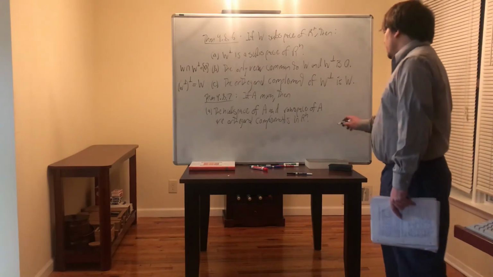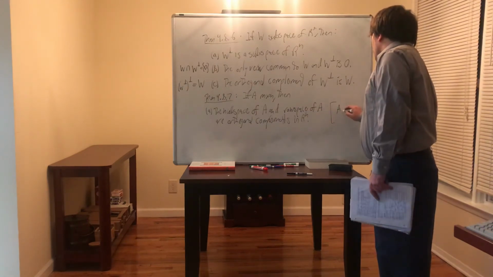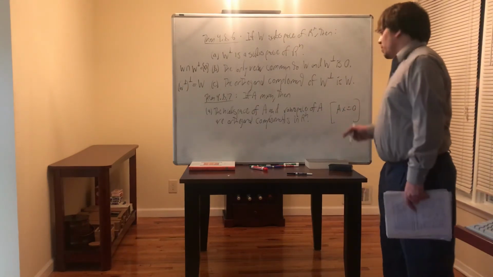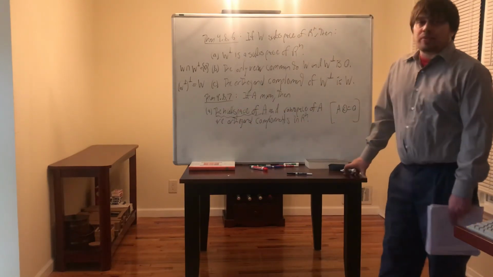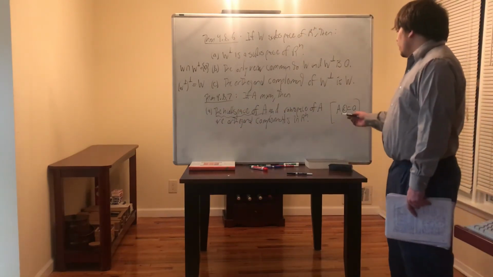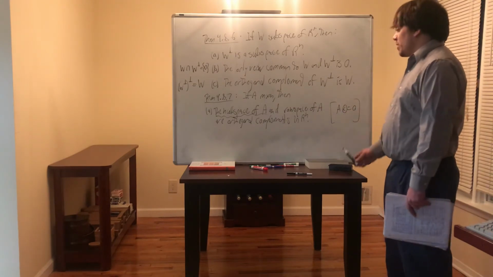The idea is that the null space of A is the set of solutions x to Ax equals 0. What that's saying is that if you take the rows of A and multiply them with any solution, you get 0.